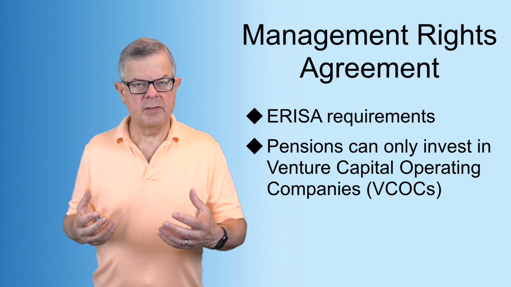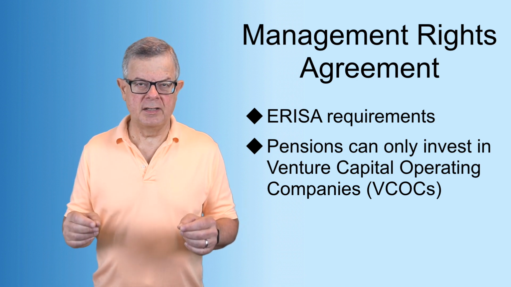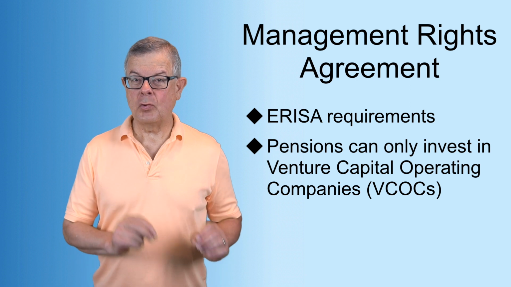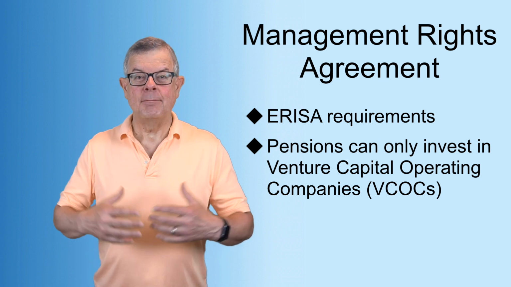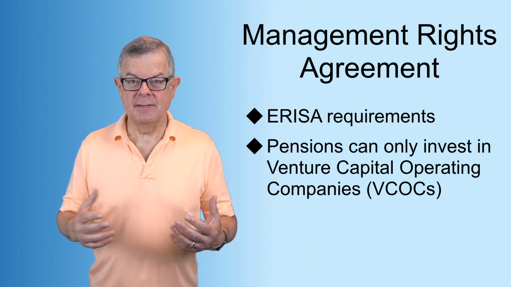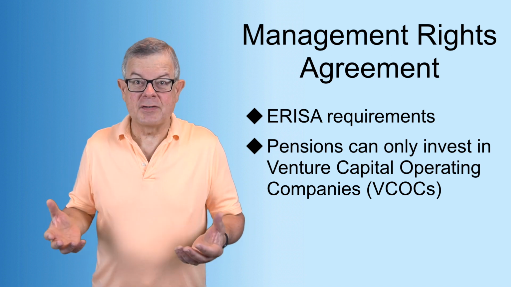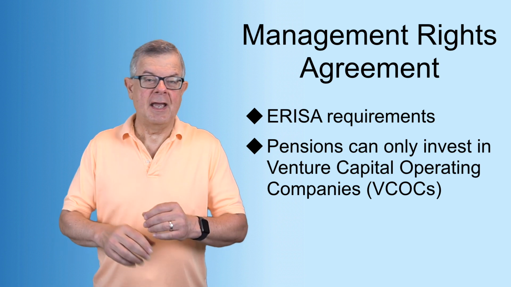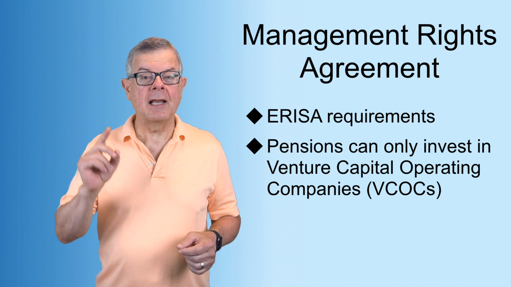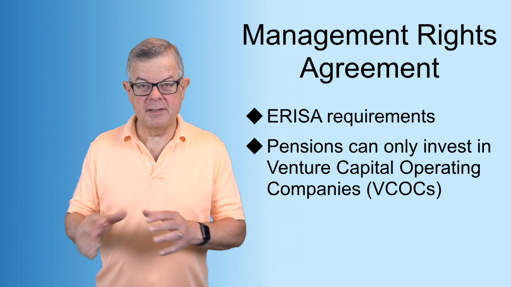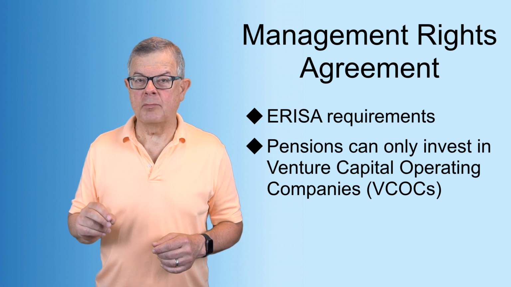If there are pension funds investing in the fund, then ERISA requirements come into play. ERISA is the Employee Retirement Income Security Act. Basically what it says is a pension fund that invests in an investment fund that invests in startups has to have all kinds of onerous reporting requirements unless the fund they're investing in qualifies as a venture capital operating company.